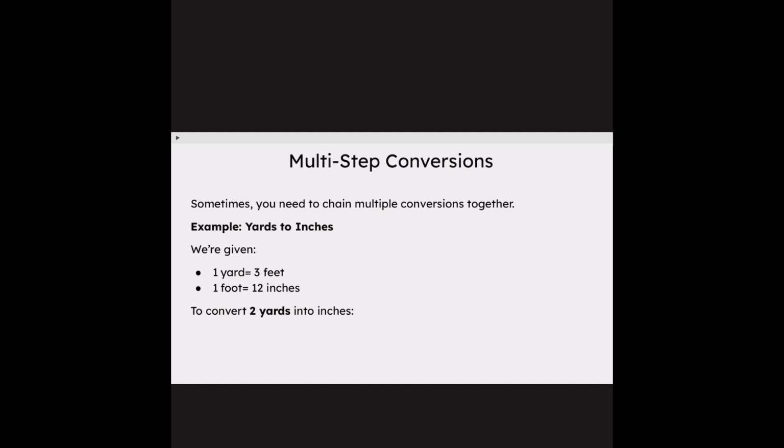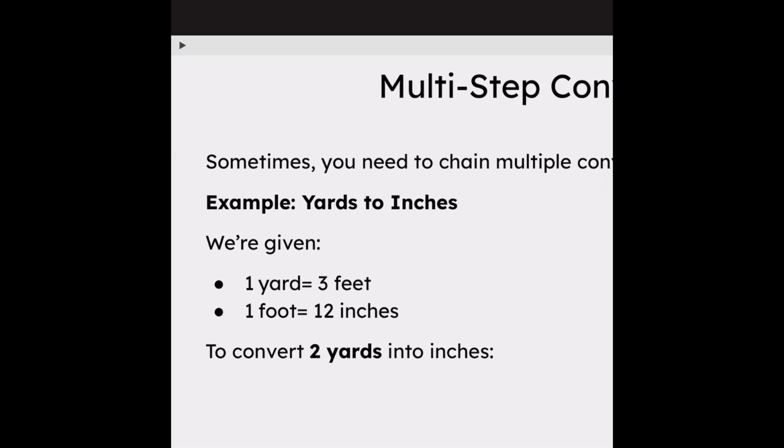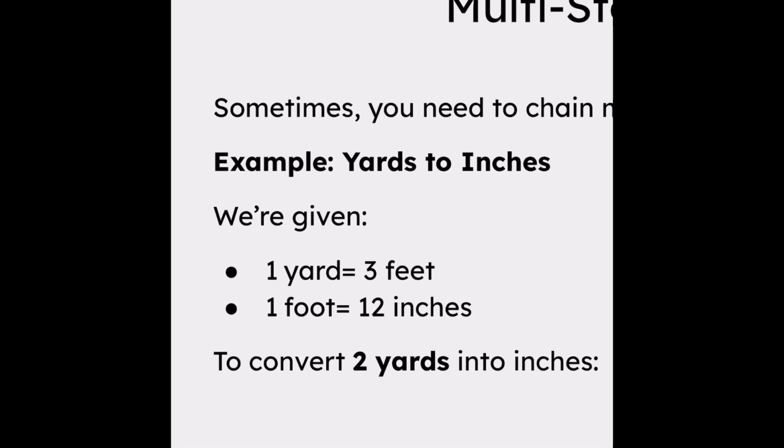Multi-step conversions. Sometimes you need to chain multiple conversions together. So for example, yards to inches. If we want to convert 2 yards into inches, we need to first convert yards to feet. So we would do 2 yards times 3 feet over 1 yard. And this is going to cancel out the yards and give us 6 feet.